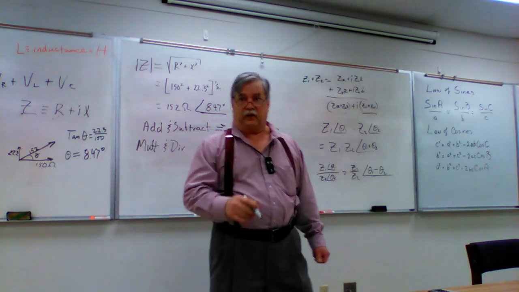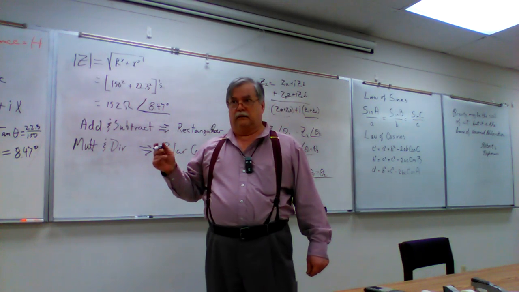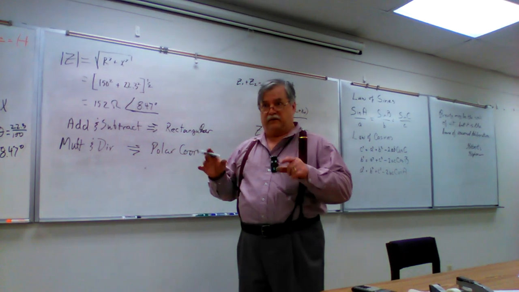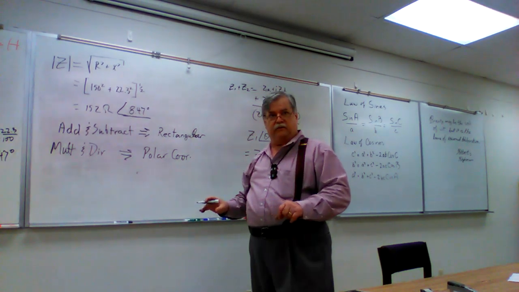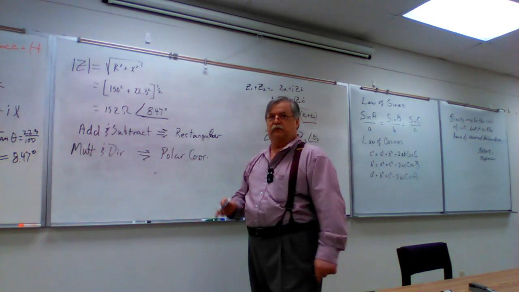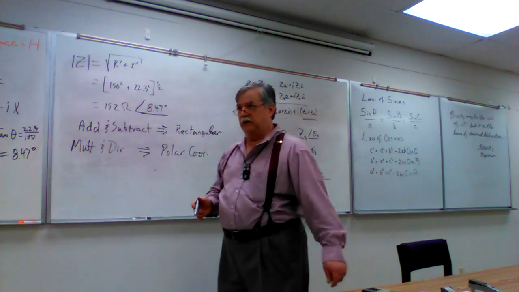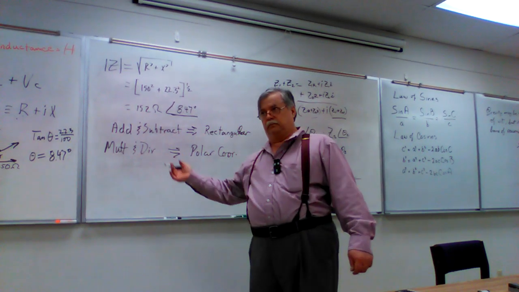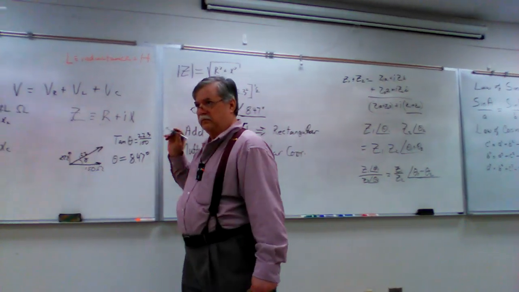But that means first you got to divide one by whatever, and then you have to convert that into rectangular so you can add them all together. And then you take that and you convert it back into polar so you can take the reciprocal again. And then depending on what form you want it in, you either leave it in polar or you put it back in rectangular. Okay, but you need to be able to go back and forth between these.